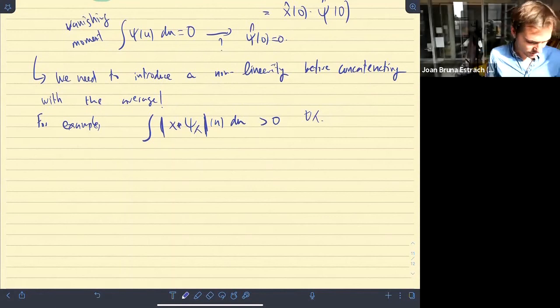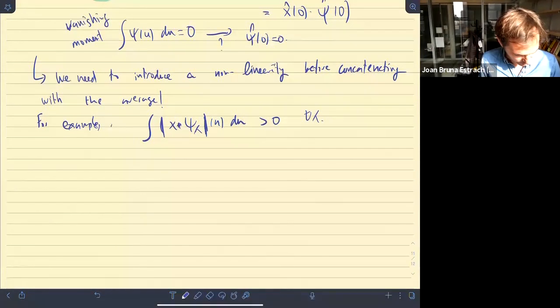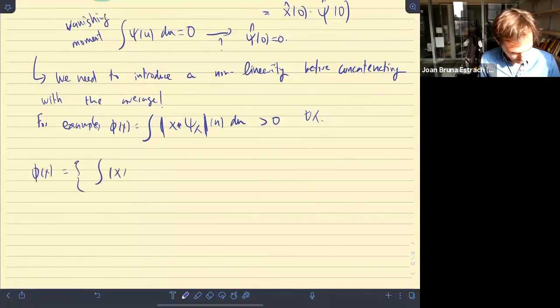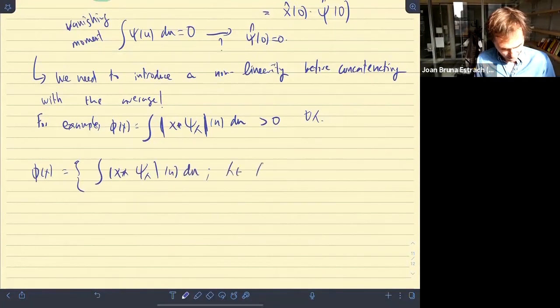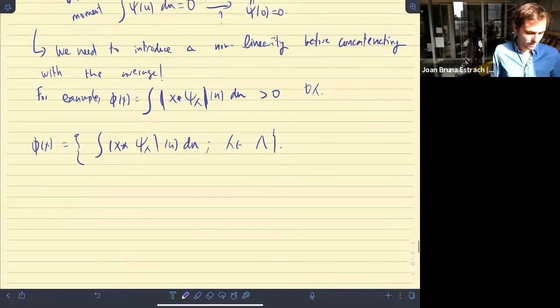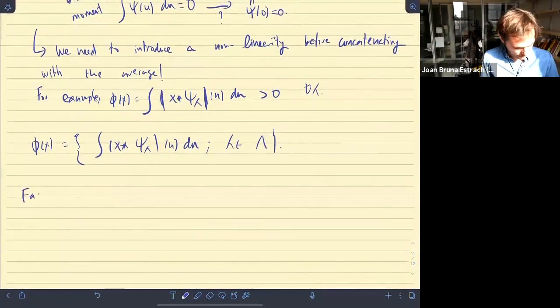So if I look at this quantity, let's call this phi of x, and let's define it as the integral, for all lambda. The fact is that phi is translation invariant.